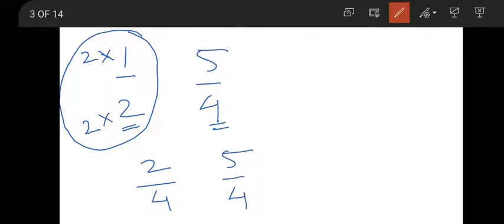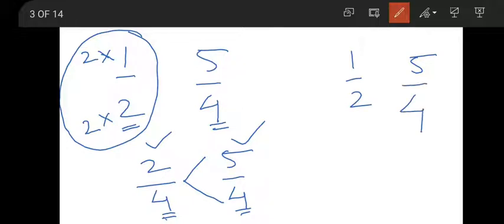Now the denominators have become equal. We will compare the numerators now, that is 2 and 5. Which one is greater? Yes, 5. 5 is greater, so this fraction will be the greater one. In the answer form, we will write the actual question and show this sign.